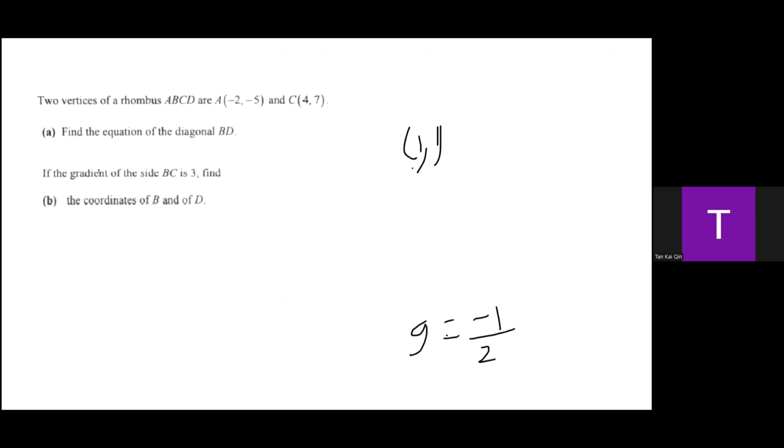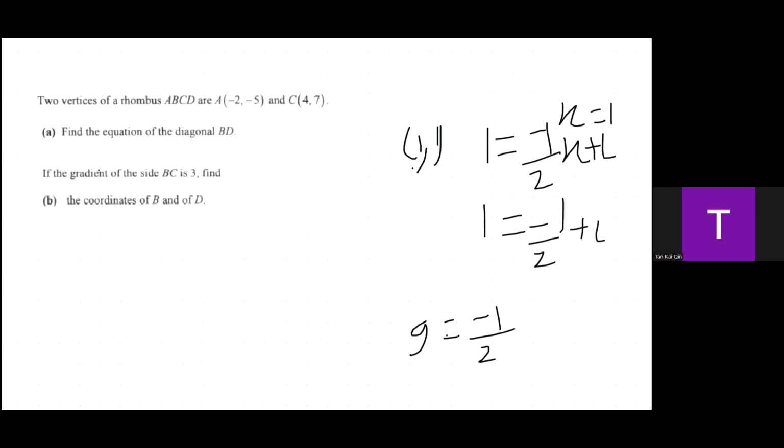So 1 equals negative 1 over 2 x plus c, and since x is equal to 1, 1 equals negative 1 over 2 plus c. Using this, we find 1 plus 1 over 2 equals the intercept. This means that 1 and 1 over 2 is the intercept.